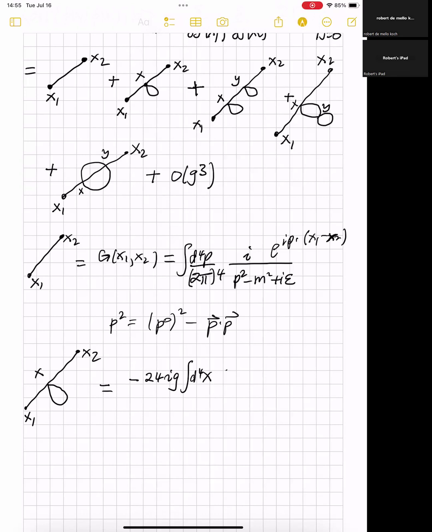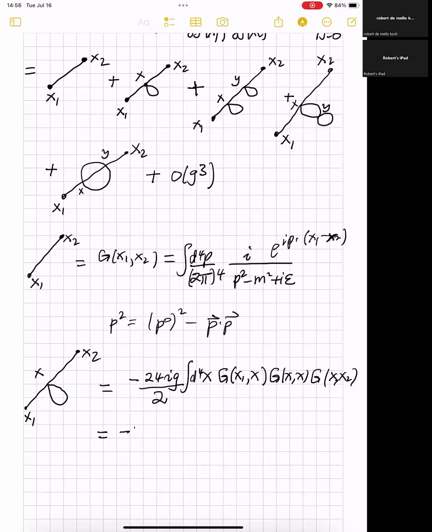Then what are the lines? Well, we've got a line going from x1 to x. The loop is a line going from x back to x. And then the final line goes from x to x2. And then the only other thing we need to remember is that there's one closed line, so we need to divide by 2. Okay, so let's keep going.